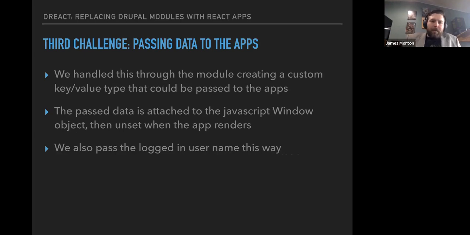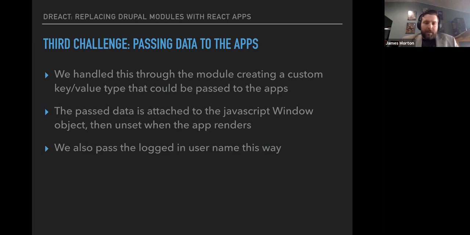So we needed to pass data to the apps. Well, we started off by passing it a custom JSON string, which you had to write yourself, and that was awful. So instead of that, I built the configuration with the key value pairs so that you could enter a key, enter a value, and it would parse that and create the JSON data for you to pass into the application. The pass data is attached to the JavaScript window object, and then each individual application unsets it.